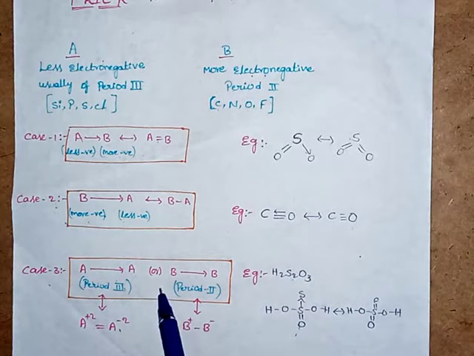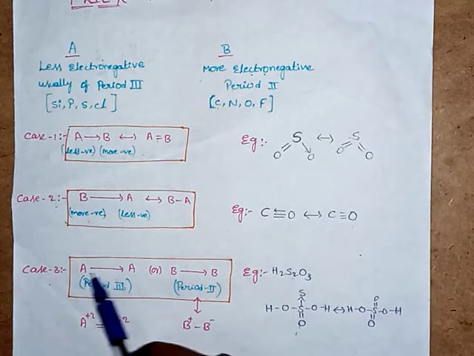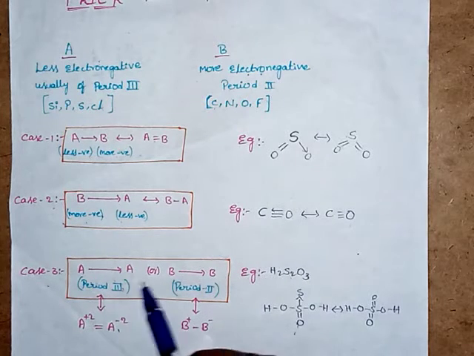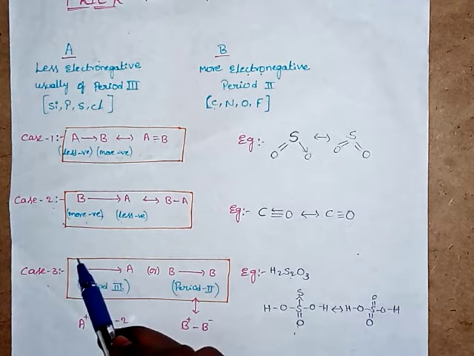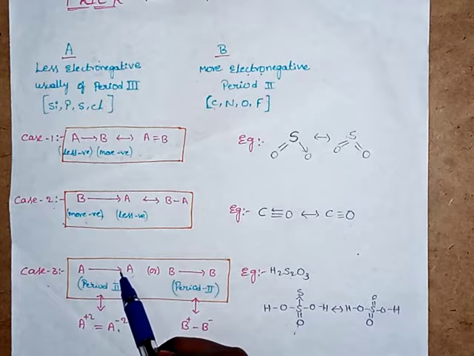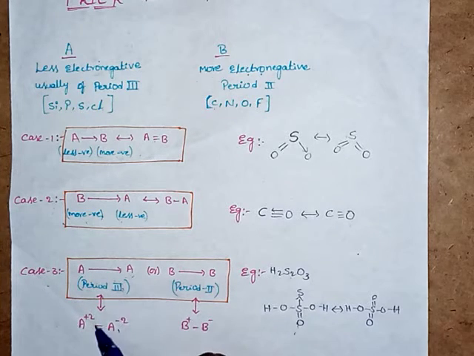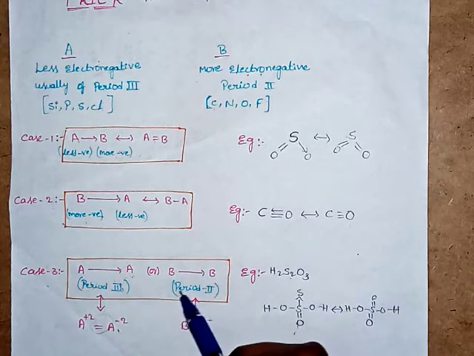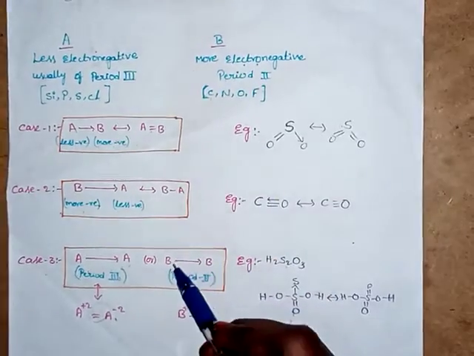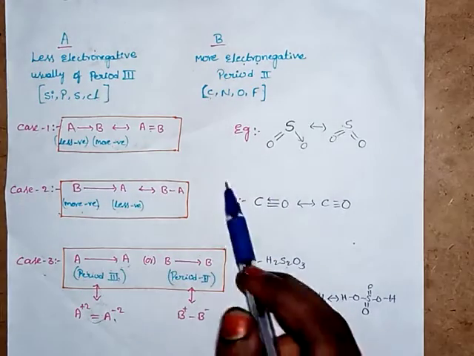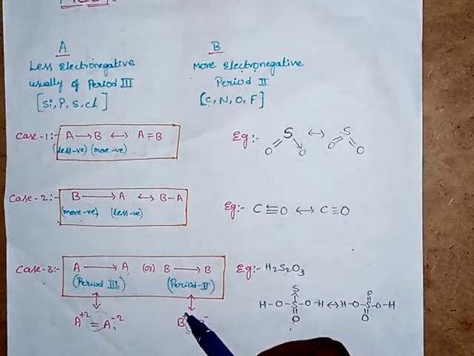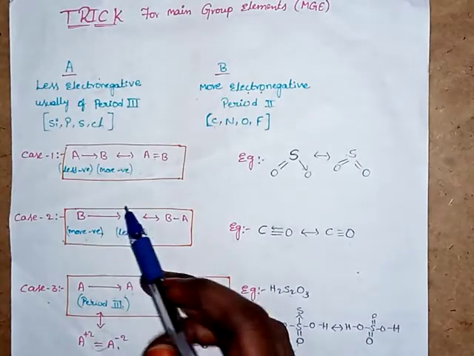Here, a less electronegative atom donating to a less electronegative atom means a double bond will form. And more electronegative to more electronegative, these are period 2, means a single bond will form. Clear?